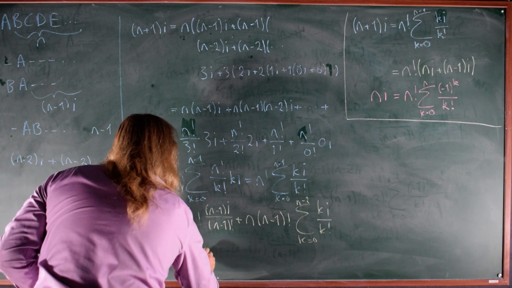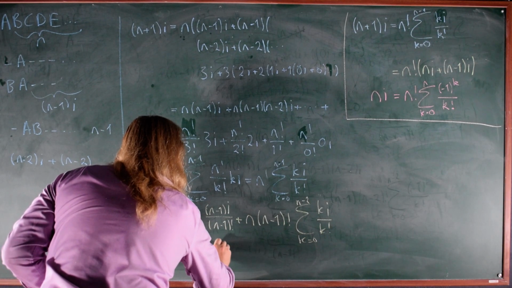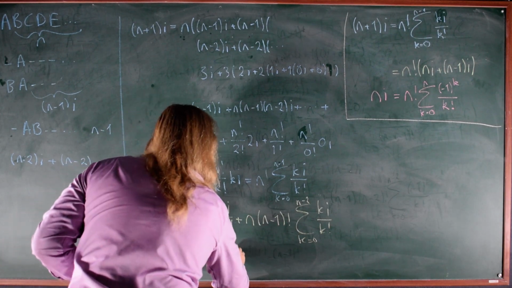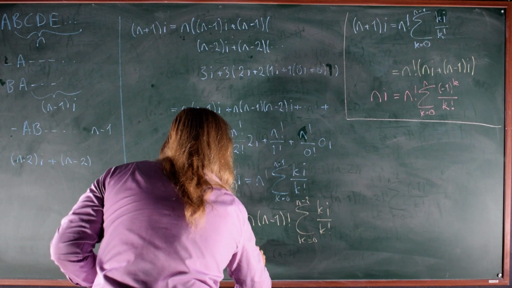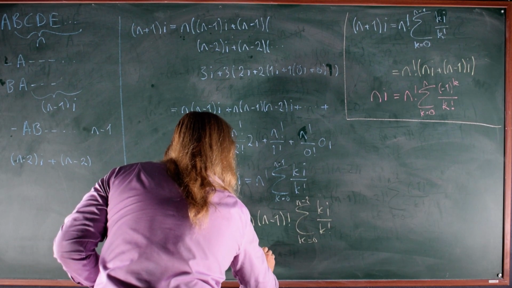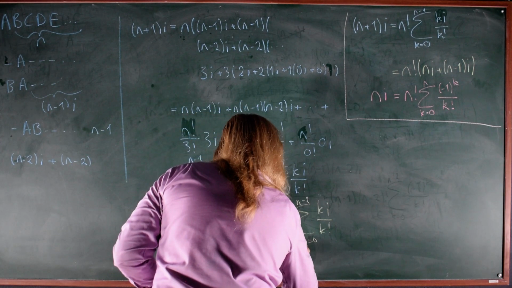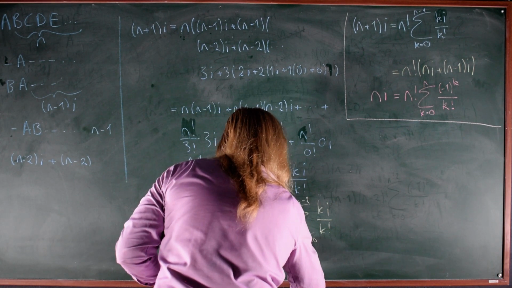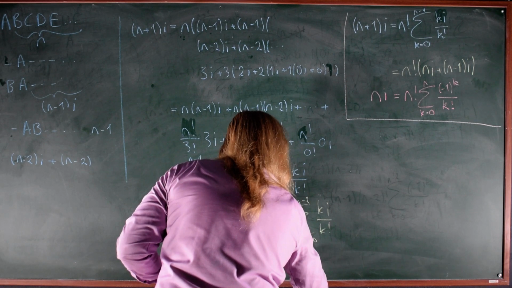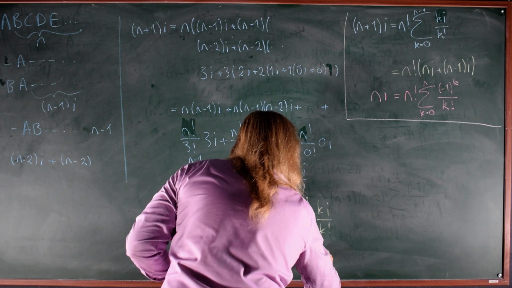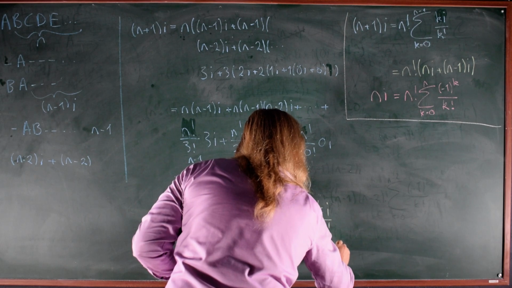So I have n minus 1 subfactorial plus n times n subfactorial. We have a common factor of n. We can put it outside the parentheses. So we have n times n subfactorial plus n minus 1 subfactorial.